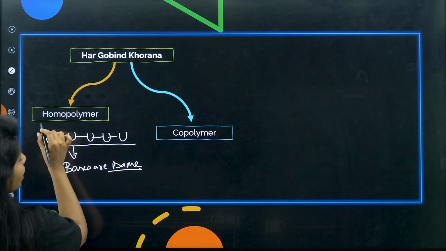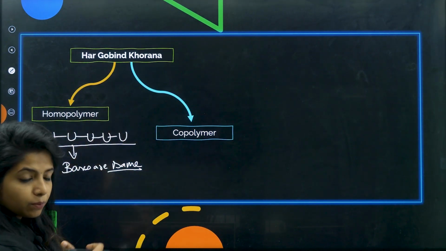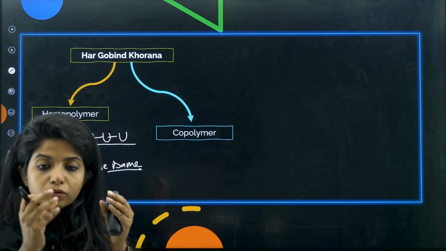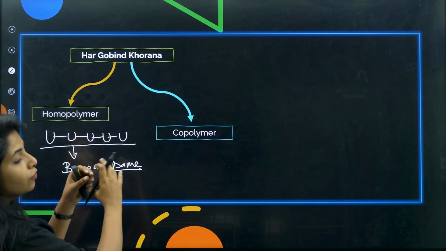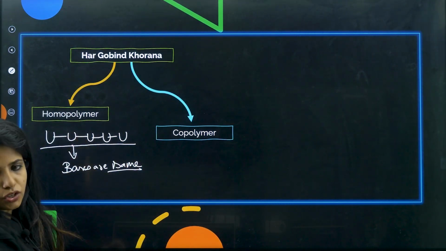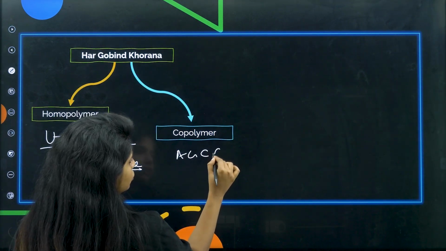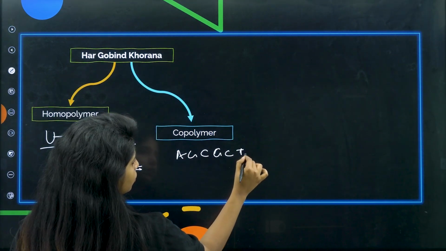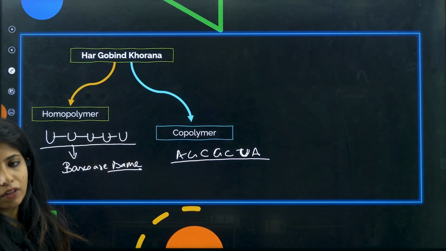Why do you call it homopolymer? Homo as in same, polymer as in when something is being made with the help of small things. So uridine nucleotides are coming together to form a long chain. This is an RNA chain. Copolymer is when you have A, G, C, U, whatever is there. This is a copolymer where everything is there.